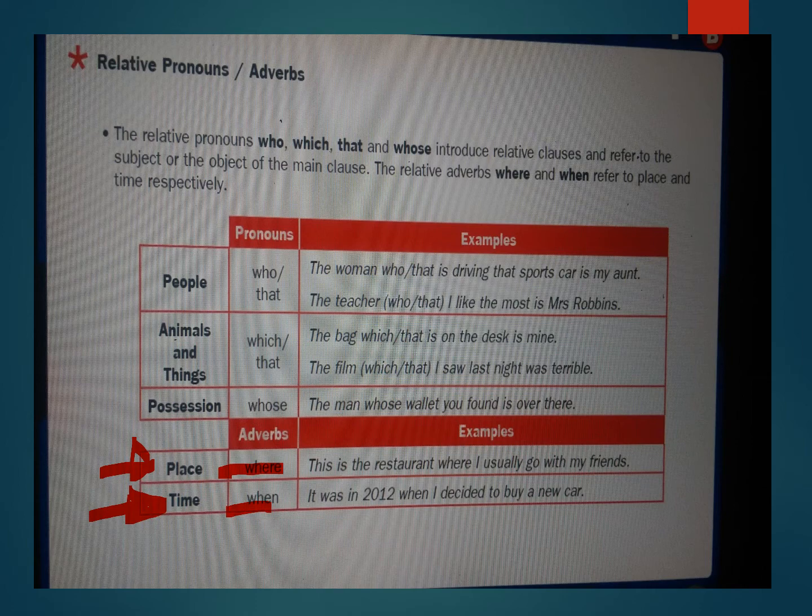Who can read the examples? Yes? The woman who is driving that sports car is my aunt. Very good. The woman who is driving the sports car, or that is driving the sports car. So we can use who or that.